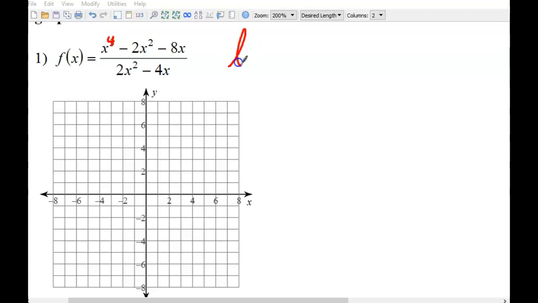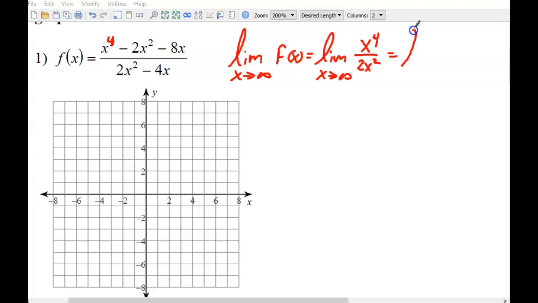For this one, the limit of my function as x approaches infinity is going to be equal to the limit of the first two terms at infinity. And then we reduce it, and that's going to give me x squared over 2.